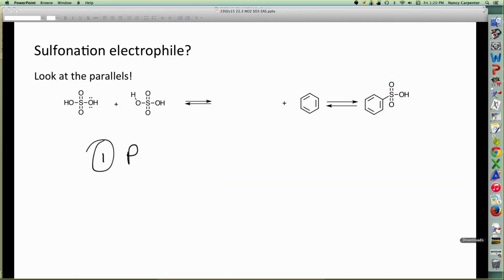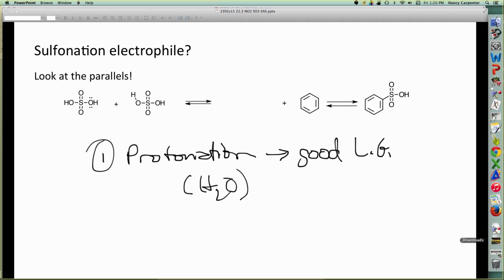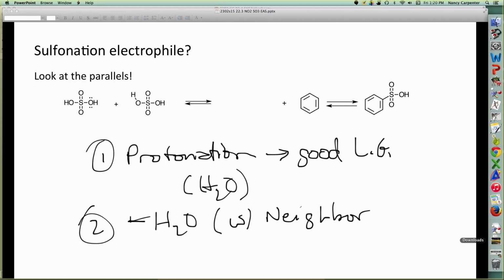One, protonation to make a good leaving group. That is water. And two, minus water with neighboring group assistance by the lone pair.